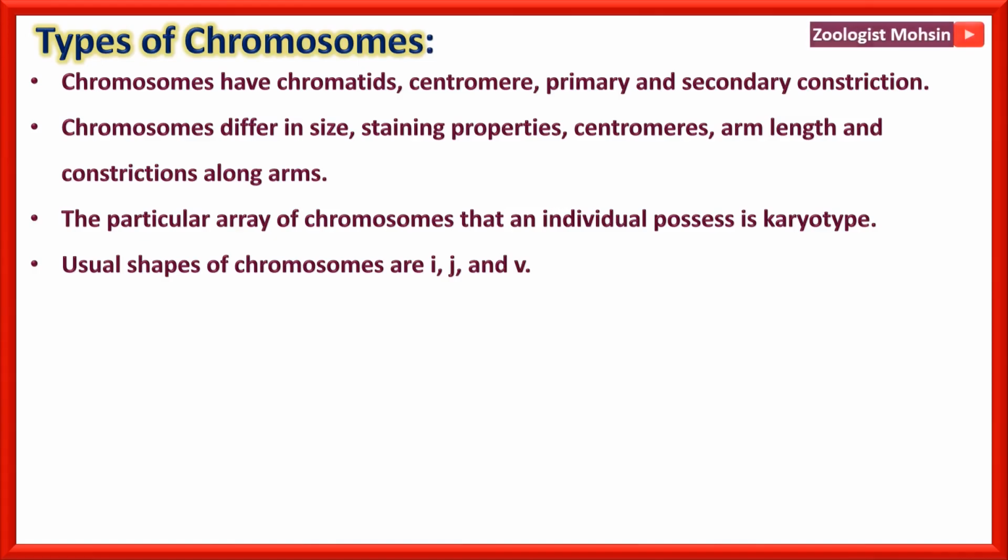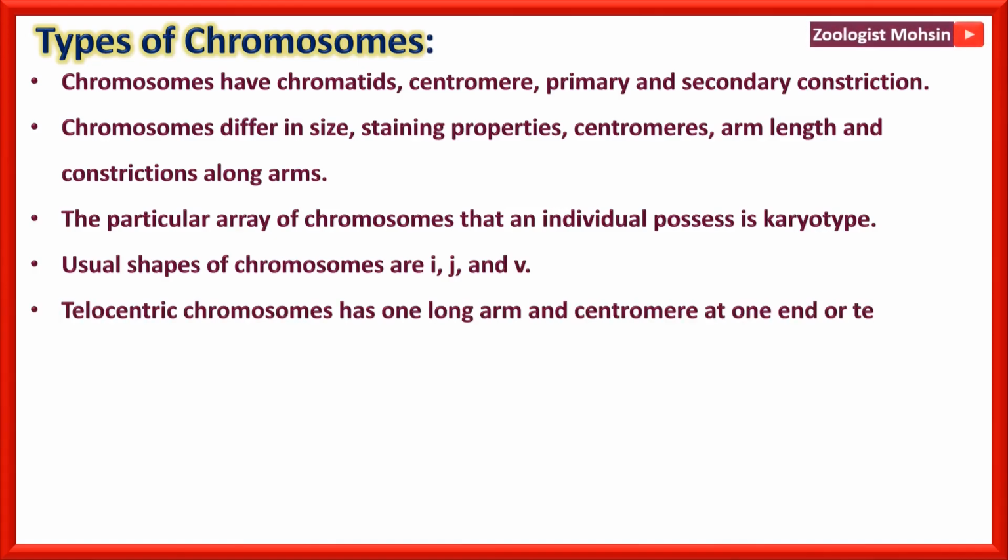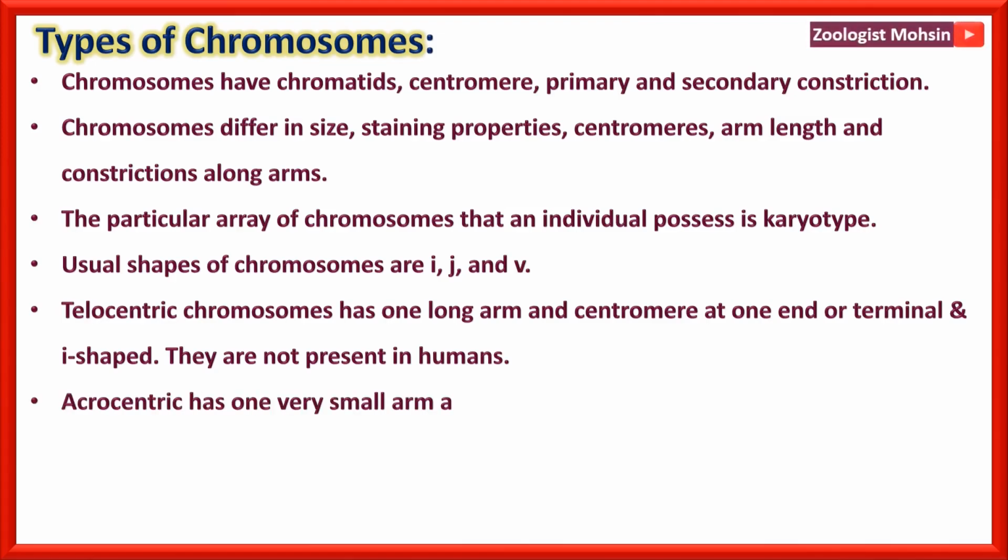Usual shapes of chromosomes are I, J and V. Now telocentric chromosomes have one long arm and the centromere at one end or terminal, and they are I-shaped. Telocentric chromosomes are not present in humans, while acrocentric has one very small arm and another large arm with the centromere at one side.